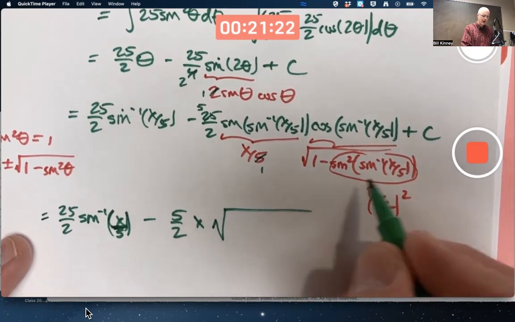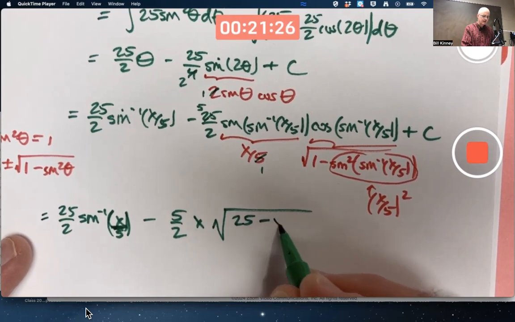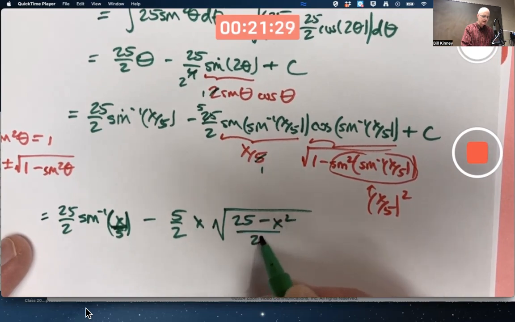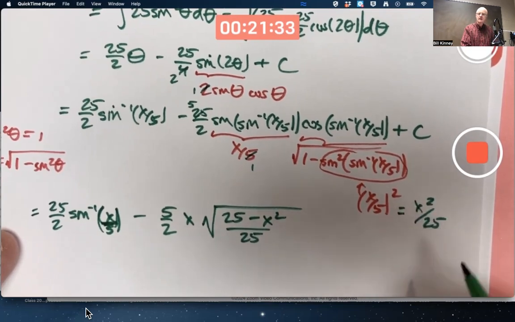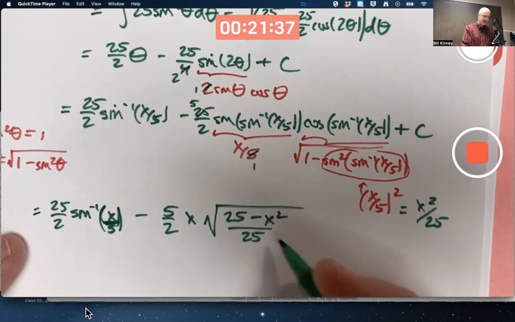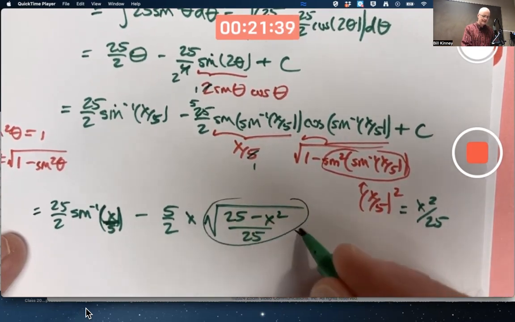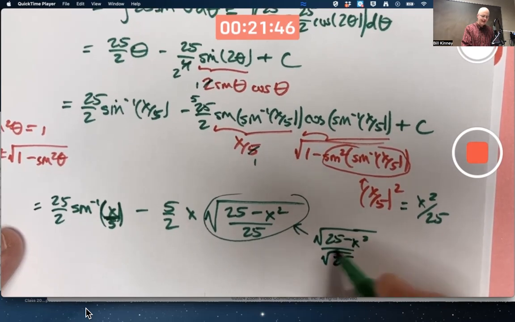You can write all this as one fraction under there by getting a common denominator of 25. This is x squared over 25. And then you could write this square root as square root of 25 minus x squared over square root of 25. And that's 5.